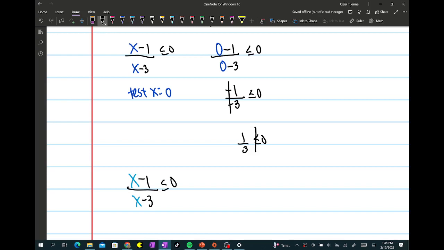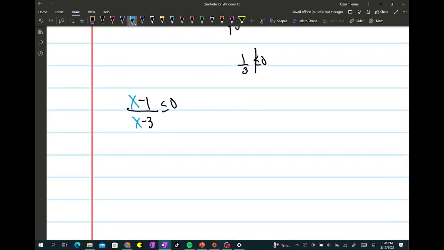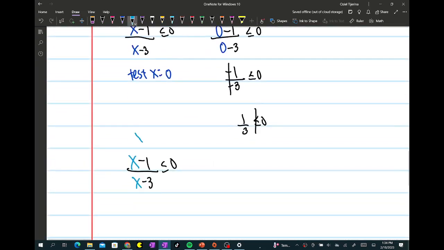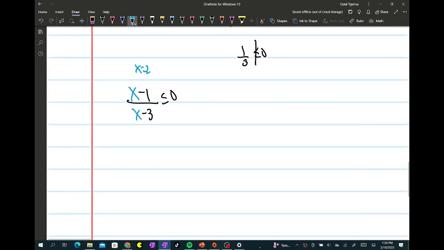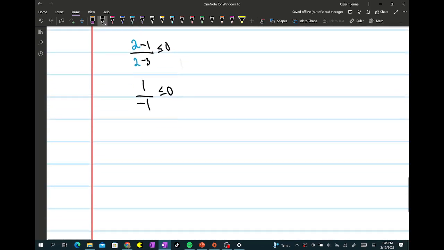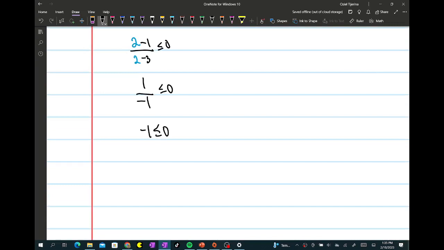So if I do that, again, I'm going to have x minus 1 over x minus 3 less than or equal to 0. We're going to do x equals 2. So we have 2 minus 1 over 2 minus 3 less than or equal to 0. This is 1 over negative 1 less than or equal to 0, which is negative 1 less than or equal to 0.